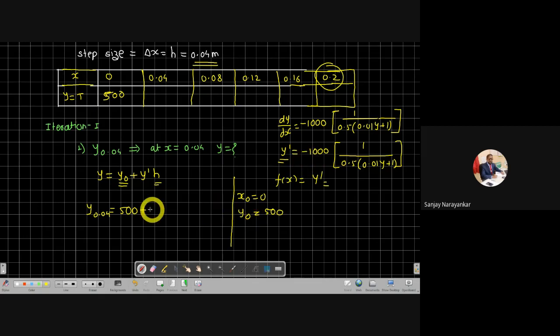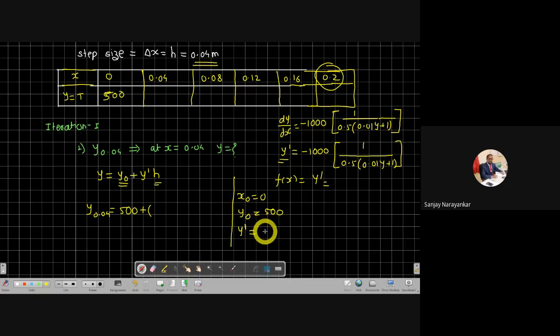Tell me, what's the value of y dash here? You substitute y0 is equal to 500 here. 333.33.